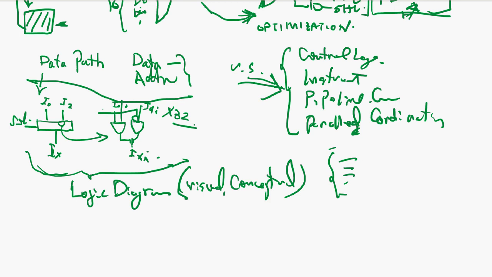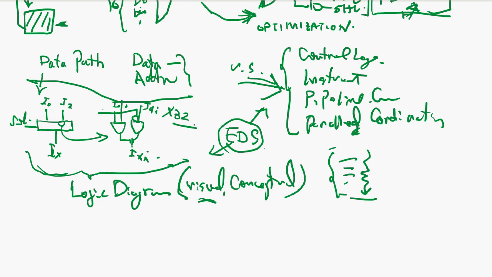So actually you can combine both the HDL approach and the logic diagram approach, and EDS typically support both methods. You can mix it. Okay, so that's the whole thing.